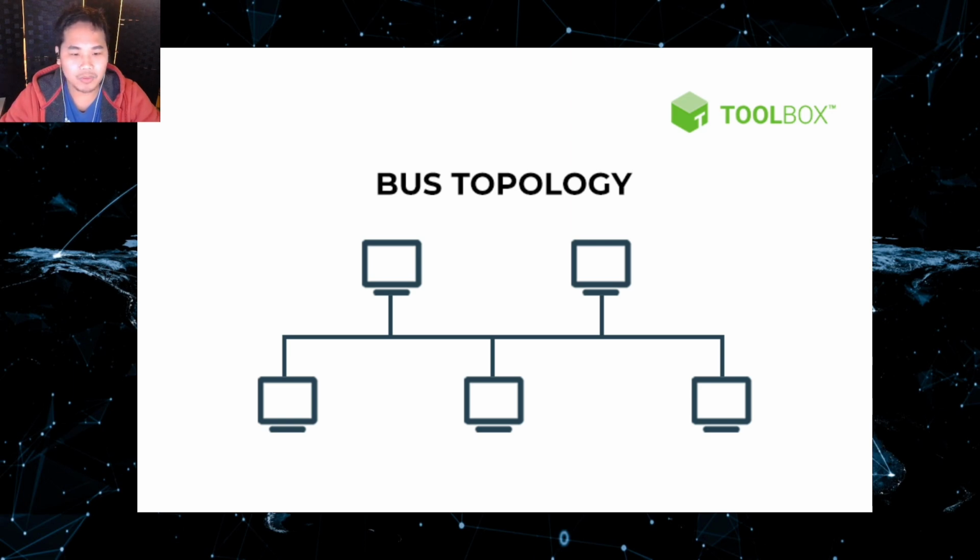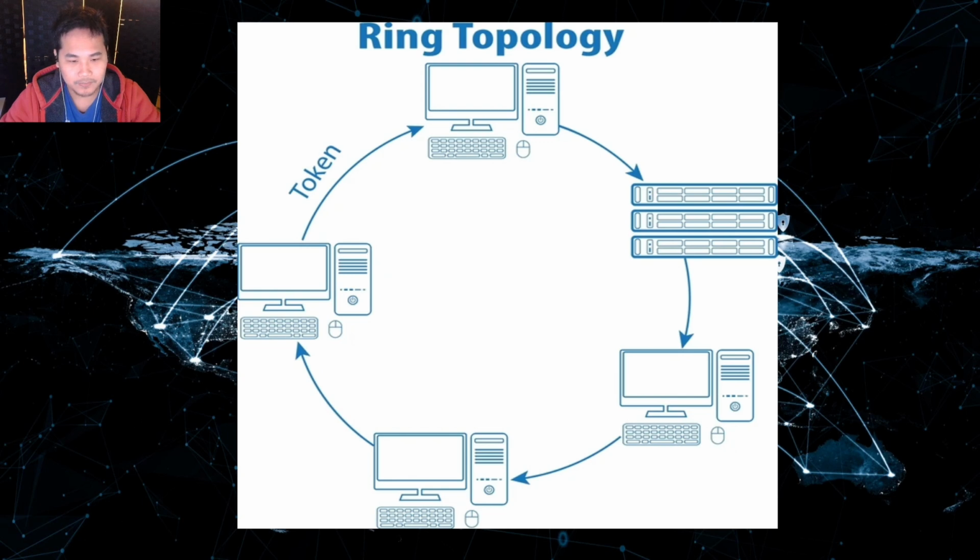And the next topology is the ring topology. In a ring topology, devices are connected in a closed loop. Data travels in one direction around the ring, device A to B to C, and back to A. Some rings use two counter-rotating rings for redundancy. If one fails, traffic shifts to the other.